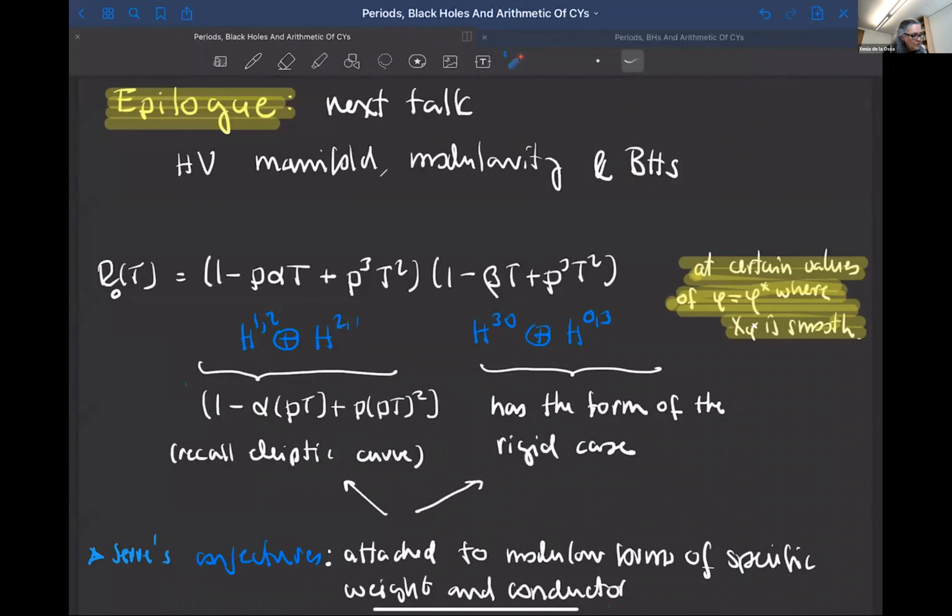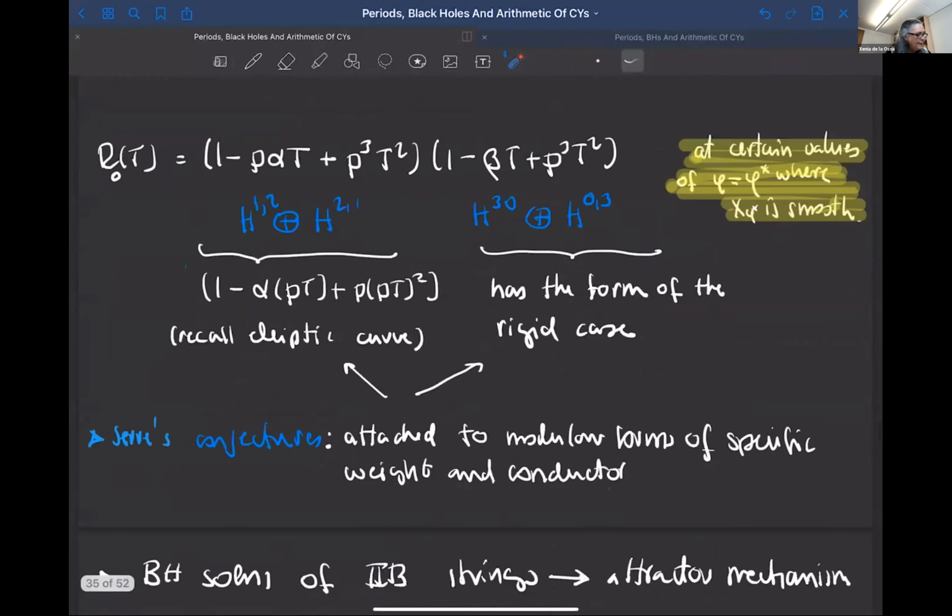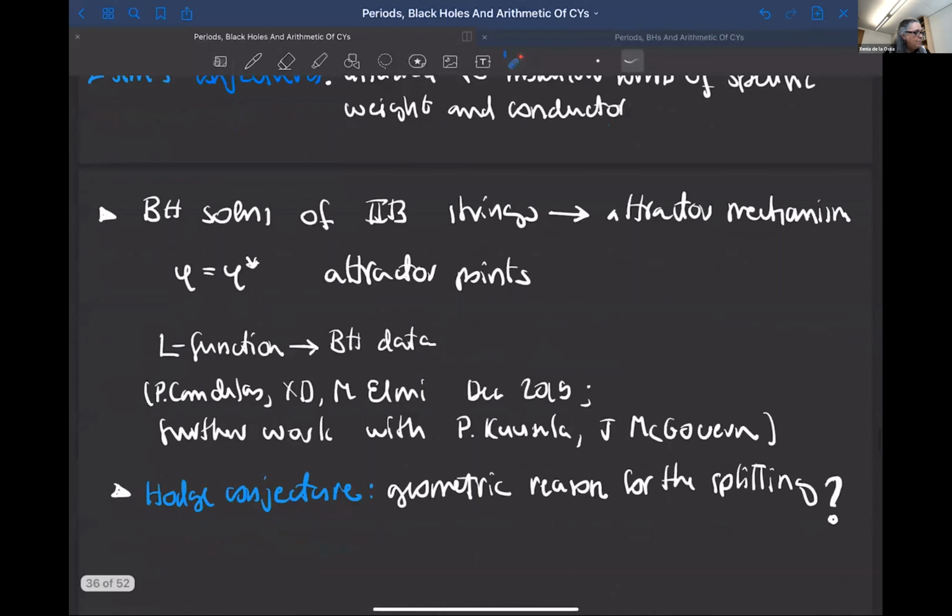Serre's conjectures say that these two should be attached to modular forms of specific weight and conductor. And Philip will tell you what this is for this example. Moreover, these special points that have this modularity are associated to attractor points in the attractor mechanism of black holes. And the data of the black hole horizon are related to the L function.